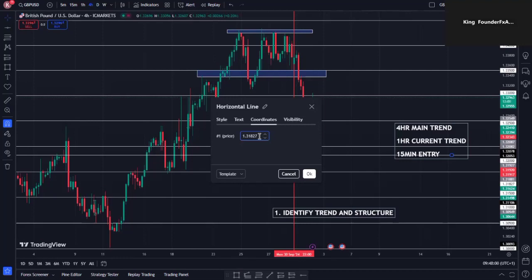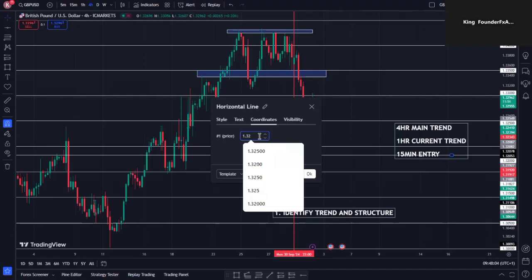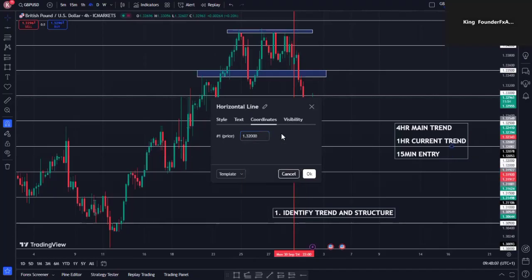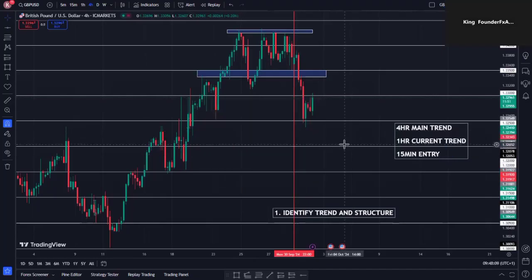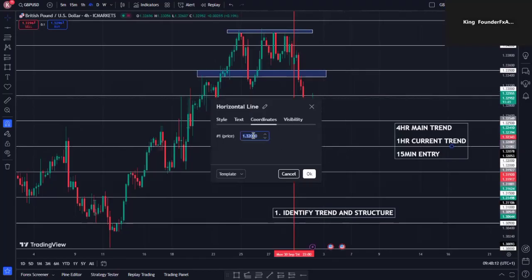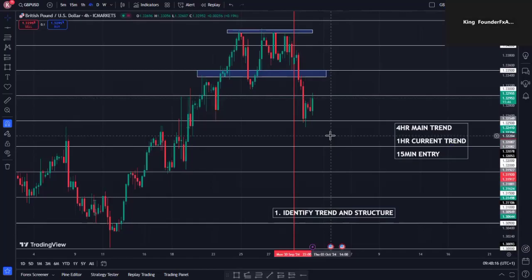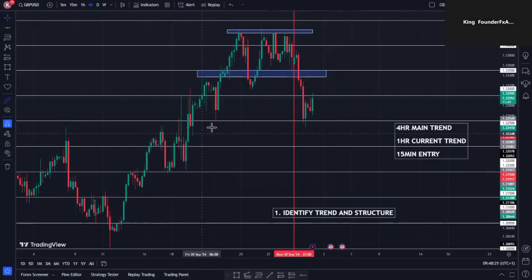So your whole number should be 1.3200. So it's added here. So you can see 1.3200. So the next one should be 1.3250. So you're adding them like that. If I measure this now, you can see it gives me about 50 pips. If it gives you more than 50 pips, then you're around there.